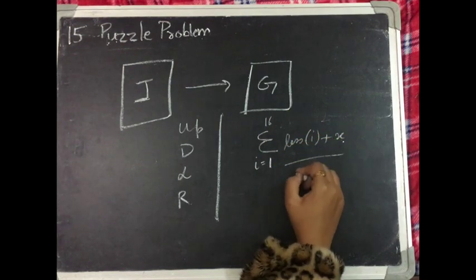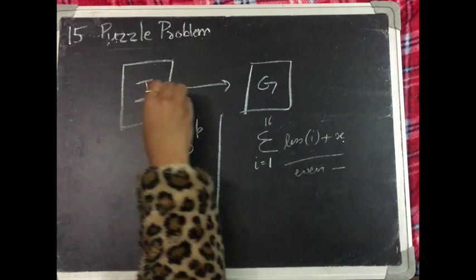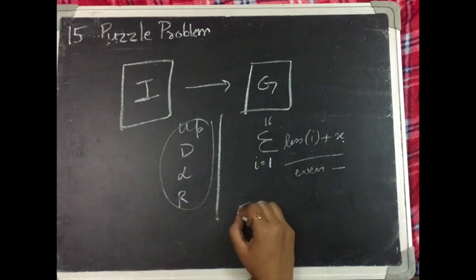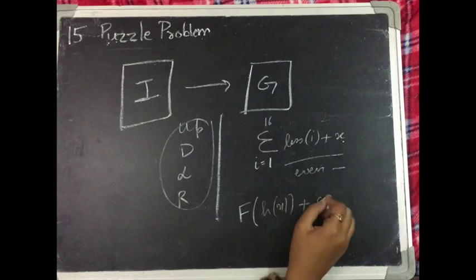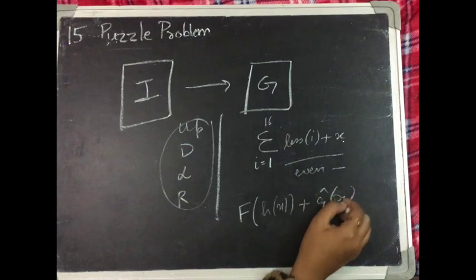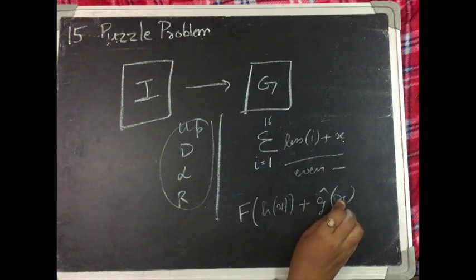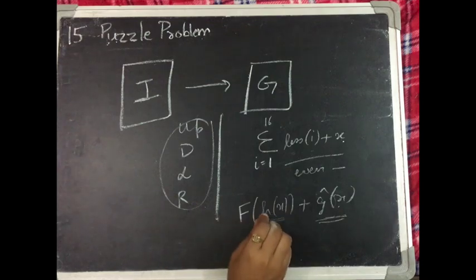If it comes out to be even, then the puzzle is solvable. And then we apply these 4 moves at each level, and then we use the formula f of x equals h of x plus g cap of x, where g cap is the differences that my particular node x has from the final state, and h of x is the extra effort that I need to reach from root to that node x.